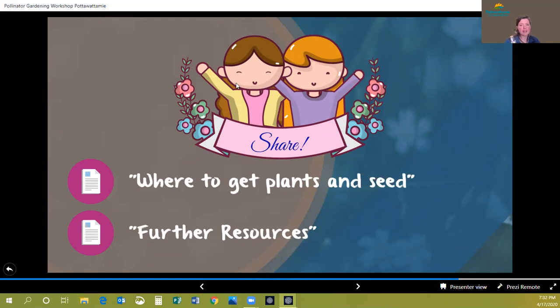It's hard to find native plants, so we should share what we've got. And the further resources, I tried to trim that down, but I got so excited when I was putting it together. There's just a bunch of rabbit holes for you to go down, and good places to start your research if you want to dig deeper.